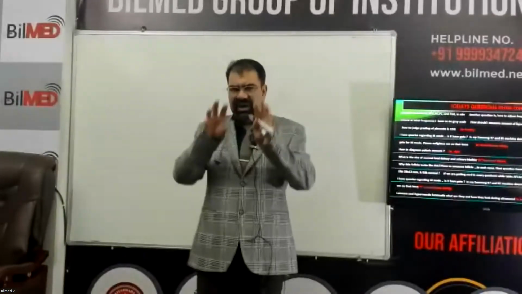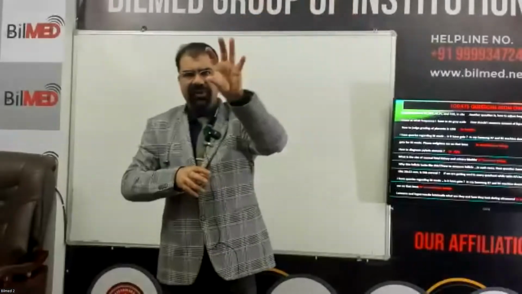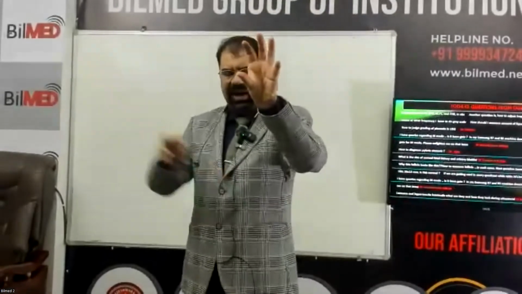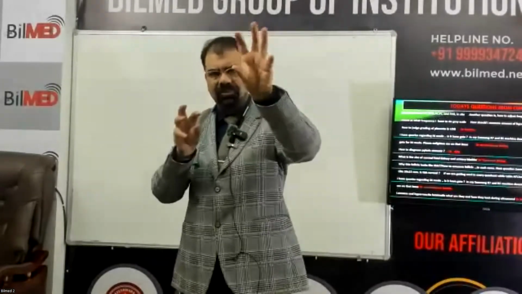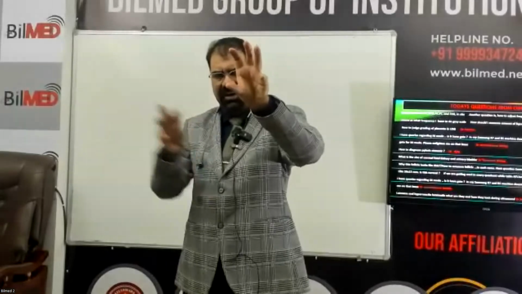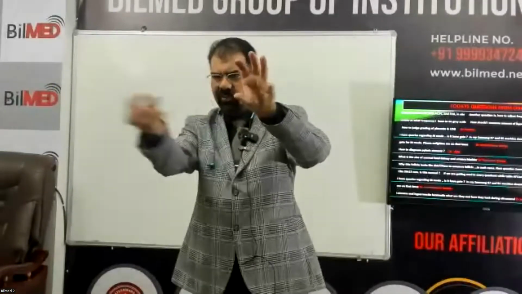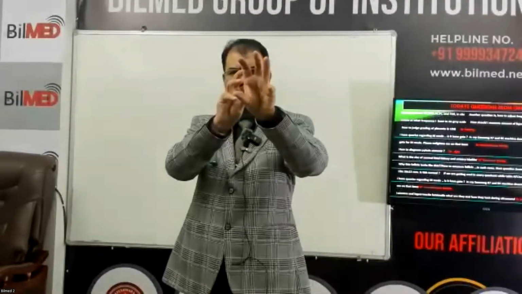Now, try to understand, there's a physics behind this. If one follicle is this much big, and another small follicle is behind this follicle. For example, this is the follicle, and another small follicle is behind this.